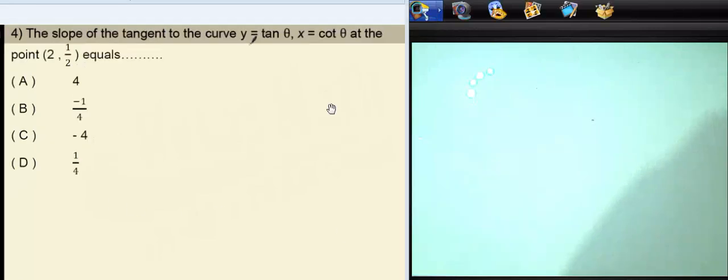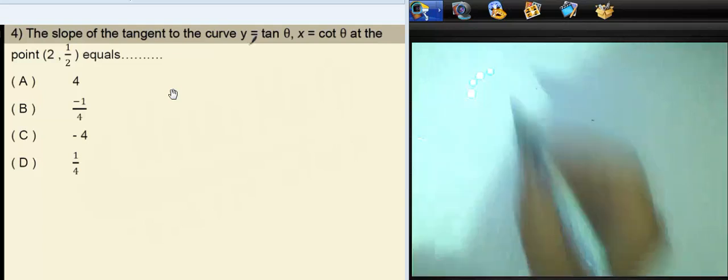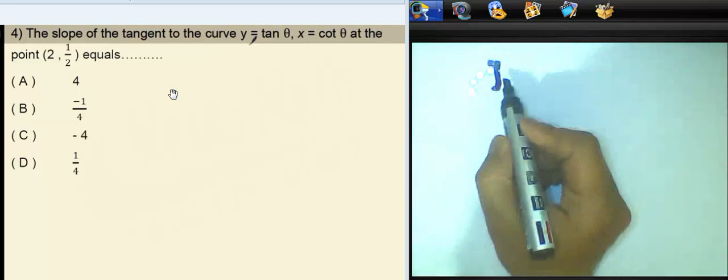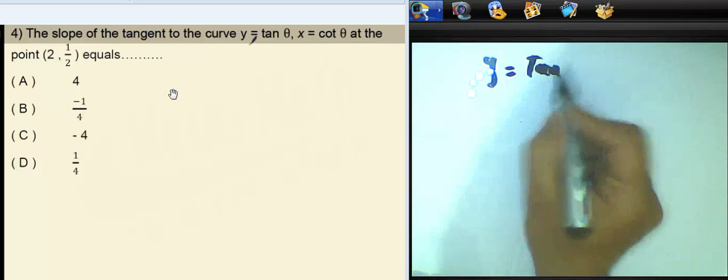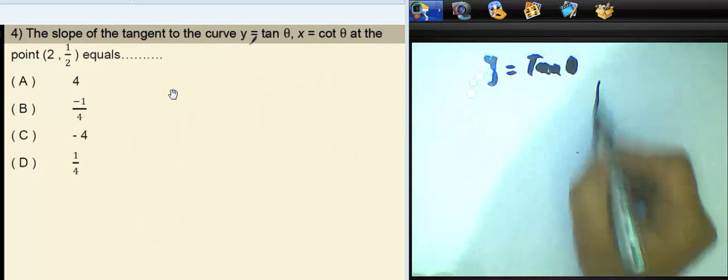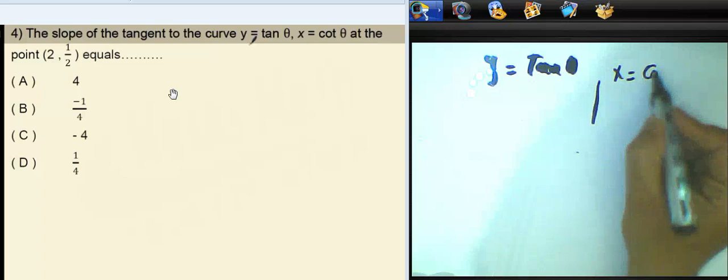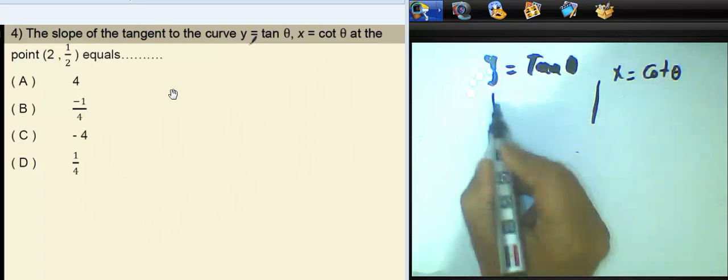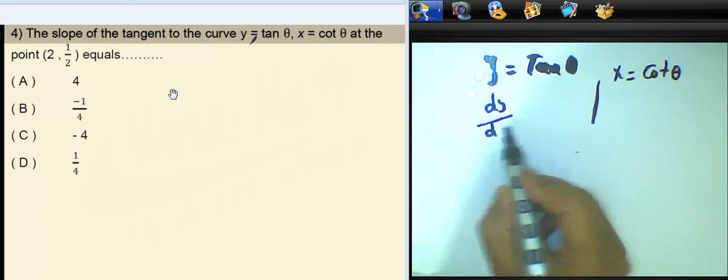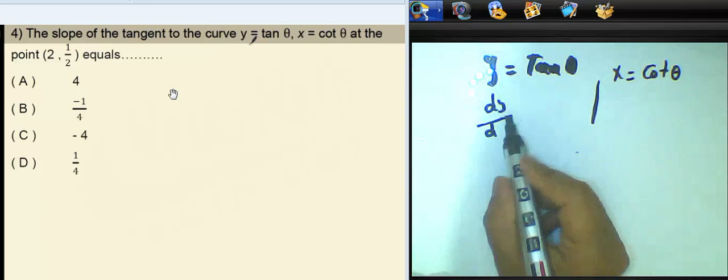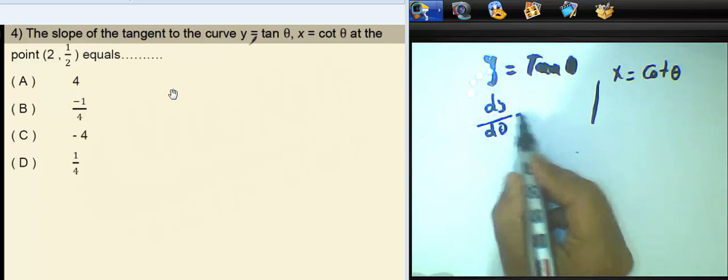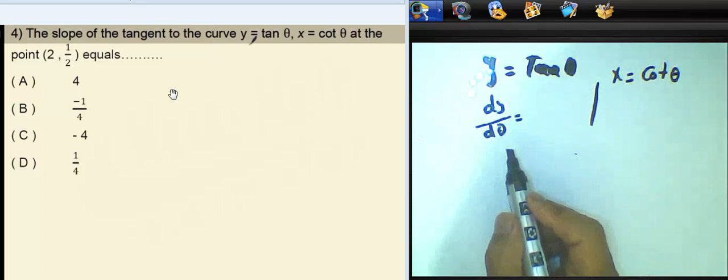Question number 4. The slope of the tangent of the curve y equals tan theta and x equals cotan theta at the point 2 and half equals blank. He gives us in the example here y equals tan theta, and we have x equals cotan theta. We can find the derivative of y with respect to theta, which equals the derivative of tan theta, equal to what?